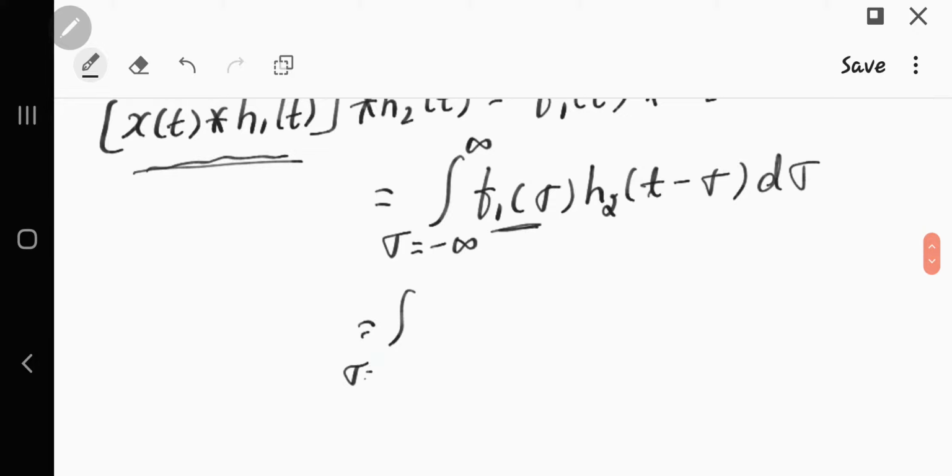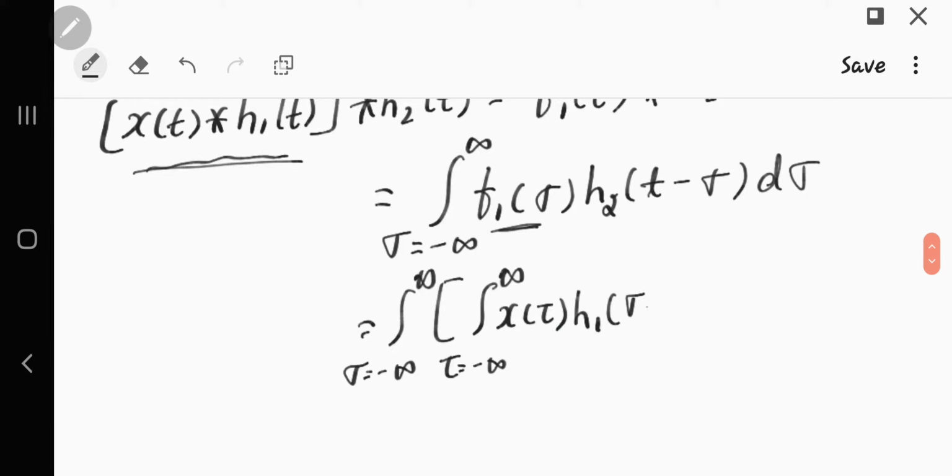So integral sigma is equal to minus infinity to plus infinity, f1 of sigma is integral tau varying from minus infinity to plus infinity x of tau h1 of sigma minus tau d tau, and we are left with h2 of t minus sigma d sigma. So this is what we get after substituting f1 of sigma here.